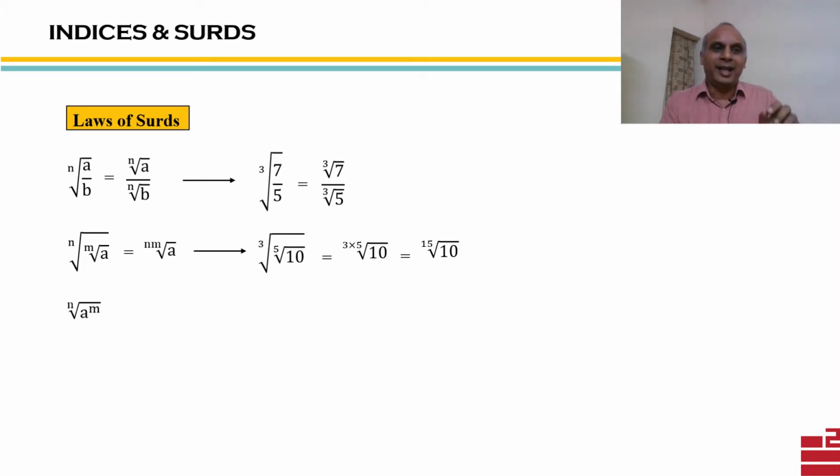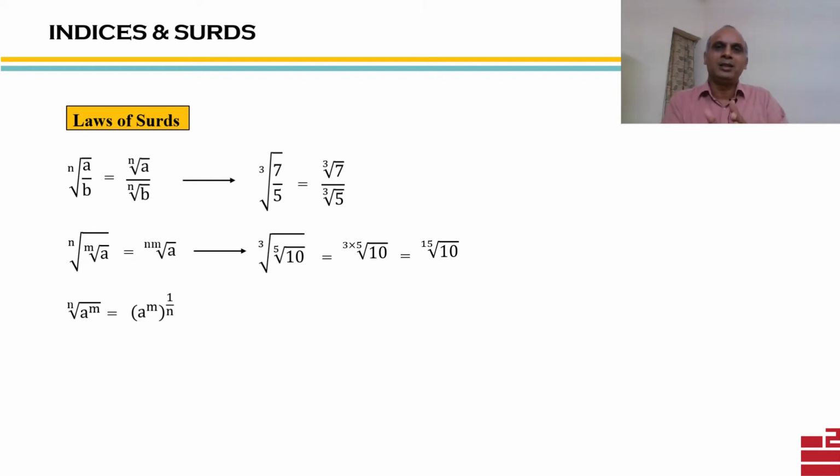Final rule is nth root of a to the power m. Now nth root of a to the power m, what do we do about it? Now we can write it as a to the power m whole to the power 1 by n. If you recall, the rule of nth root of a was written as a to the power 1 by n. We can write here also a power m whole to the power 1 by n.